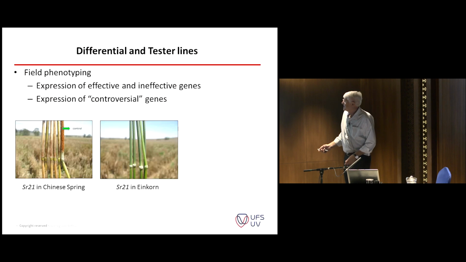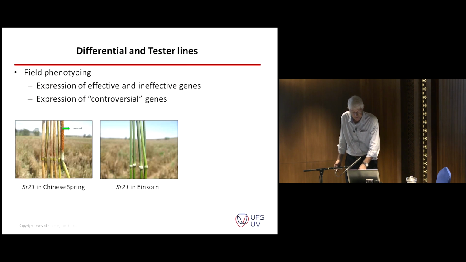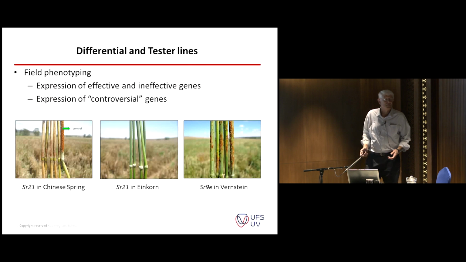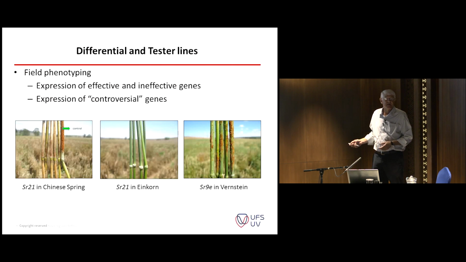And also when you test it in the diploid, in einkorn, you can see that it is completely avirulent on that particular entry. Another controversial gene, it's not really controversial, we know it's ineffective, but if you read Dr. Jin's article, you will see that he wasn't sure of what SR9D does in the field. You can see it's susceptible, but it's got a lower severity, and I've seen this over many years.